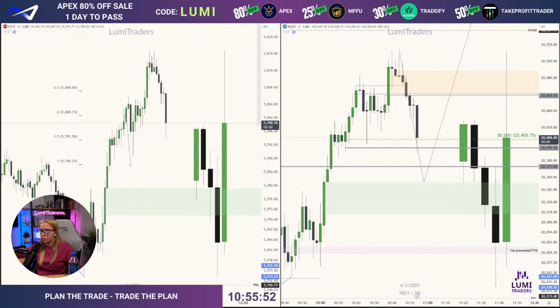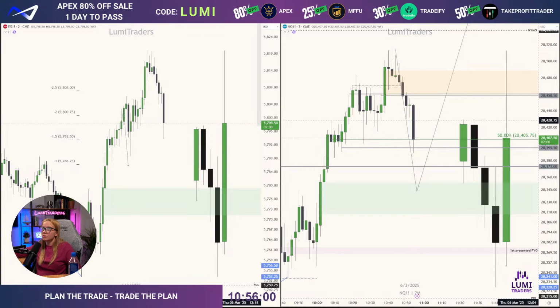I'm looking for continuation lower still to this 5-minute fair value gap, honestly. We just reached the 15-minute fair value gap. That's great. Just a bit lower will be much better. We have the open at 270, 282. Okay.